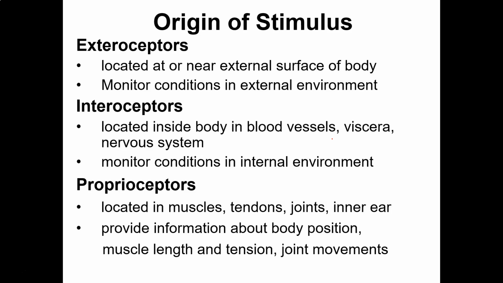Okay, and then another way to classify sensory receptors that's useful to think about is where the stimulus is coming from. In other words, is it coming from outside the body? If so, we call it an exteroceptor. If it's coming from inside the body, it's an intero or visceroceptor.